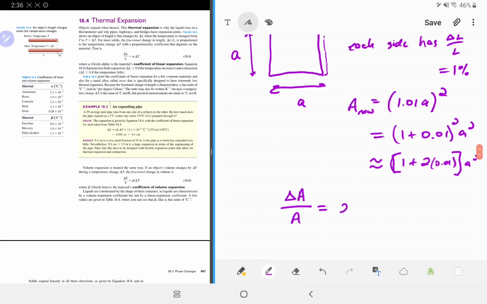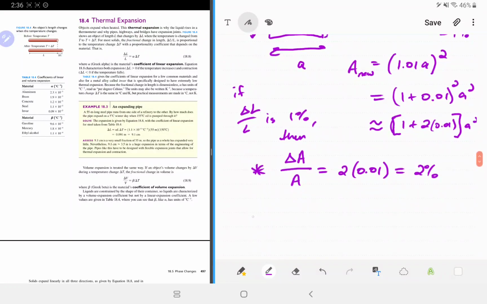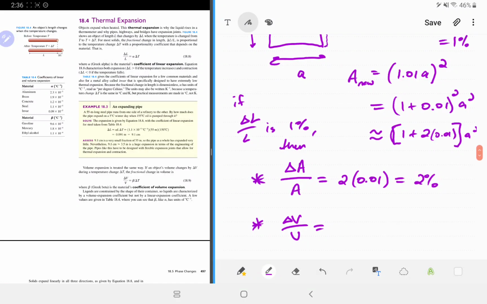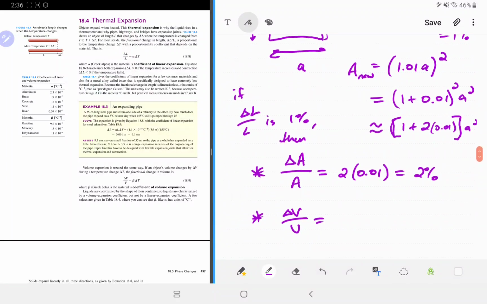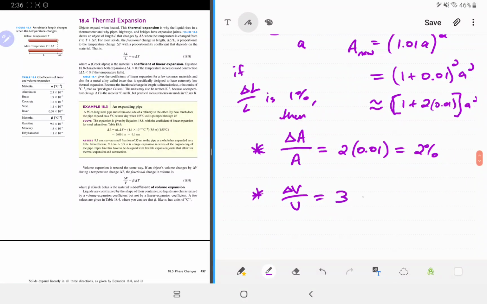This is going to be 2 times 0.01, or 2 times 1%. This would be 2%. So in other words, if delta L over L is 1%, then delta A over A is 2%. And you can probably guess that delta V over V, if we had a volume of material, is 3%.